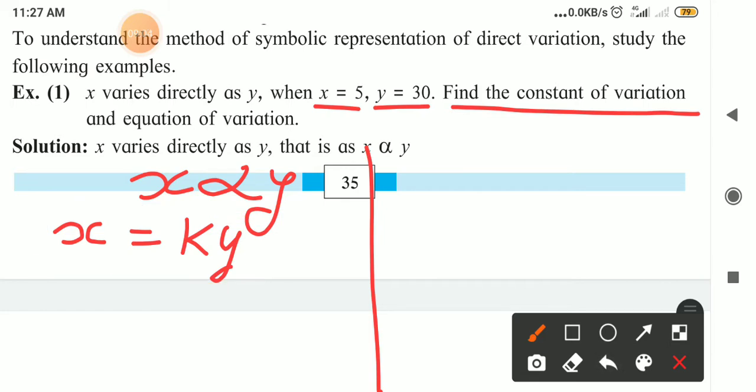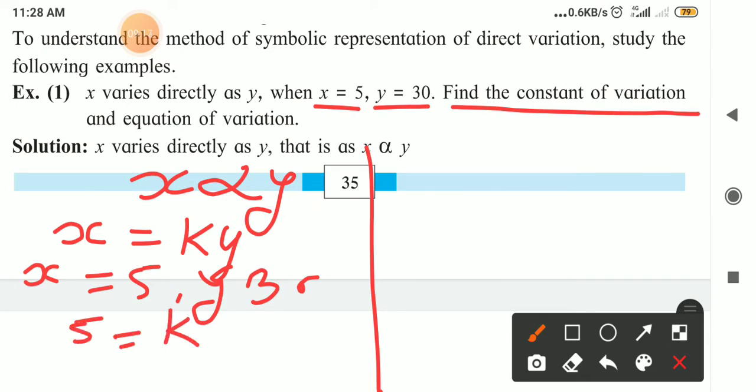And the next step: how much is x given? X is equal to 5 and y is equal to 30 given. So we have to find k. So x is equal to 5, k we have to find out, and y is equal to 30.